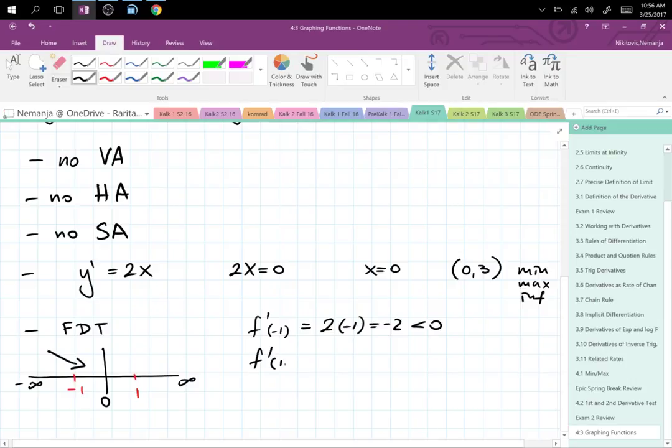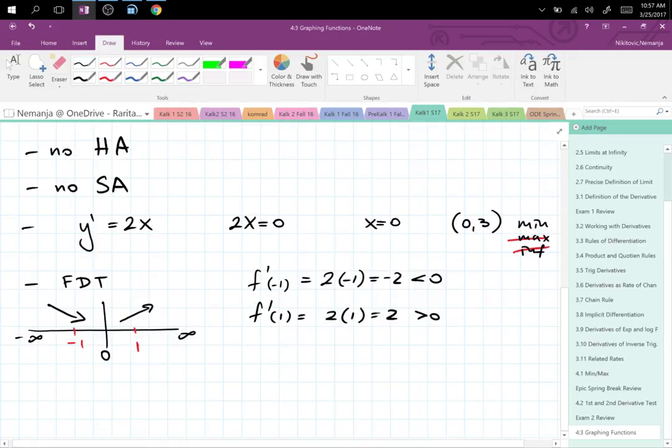And the first derivative computed at 1 is 2 times 1, which is 2, larger than 0. So the arrow goes up. In this case, we see visually, right? I'm going to draw that this is the behavior that we are getting, which means that the point 0 is a minimum, which is how we cross these off, and we know that (0, 3) is a minimum.